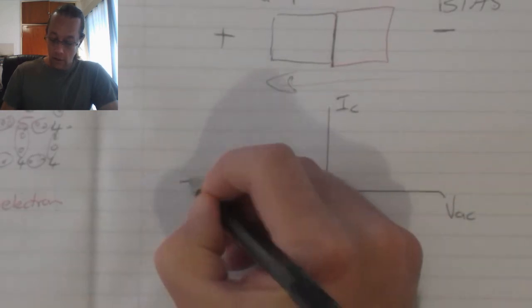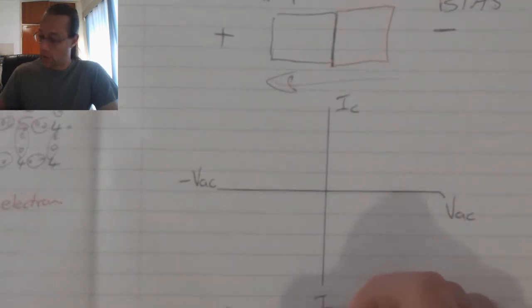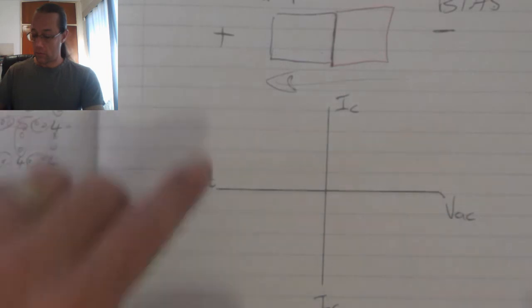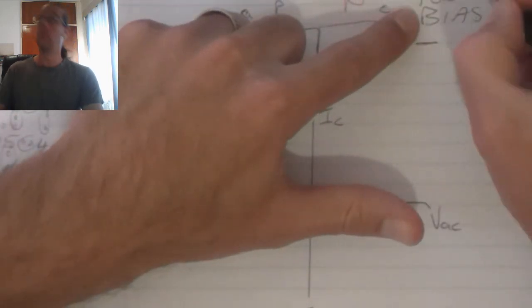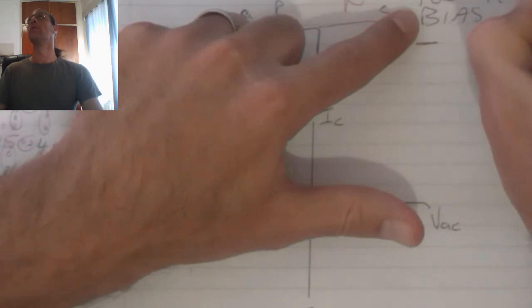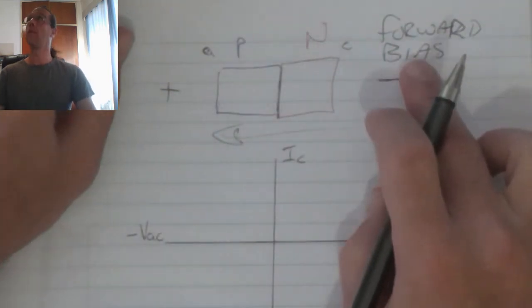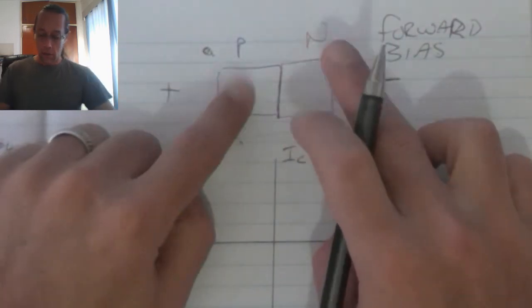When I supply a negative voltage across the anode and the cathode, we expect the same to happen. And when we look at my forward bias, I've got a negative and a positive connected on to my N and my P-type materials respectively.